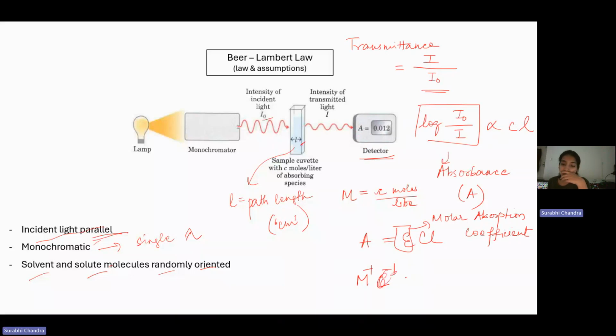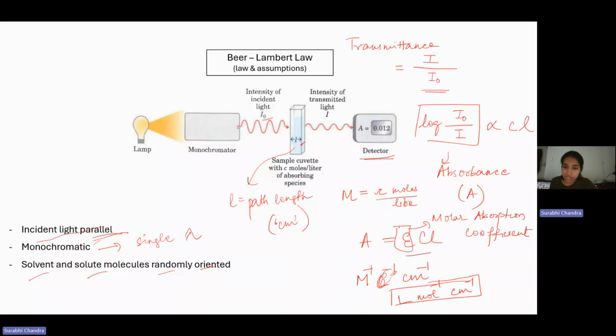Sorry, not liter, very sorry. So this will actually be liter per number of moles per centimeter. This will be the unit of the molar absorption coefficient.